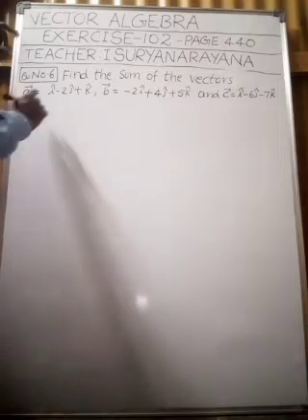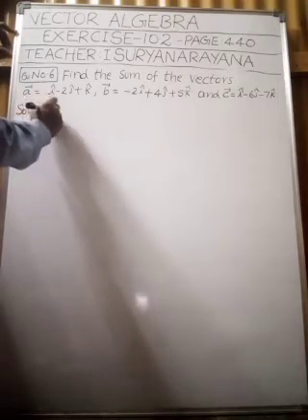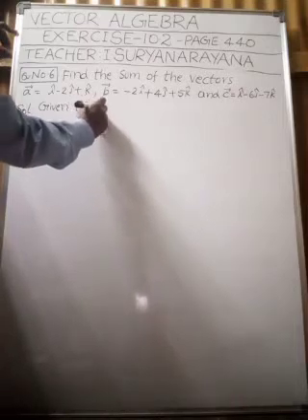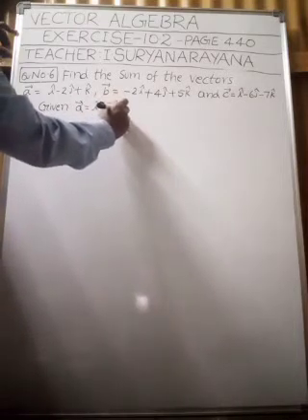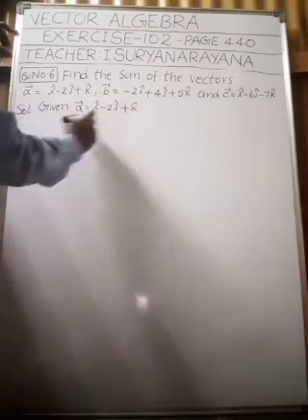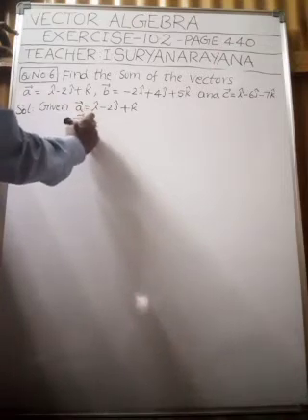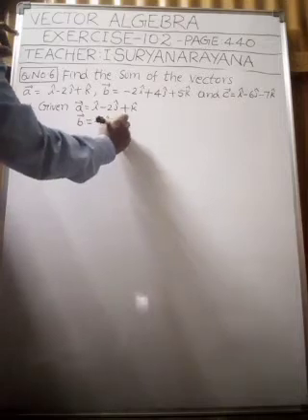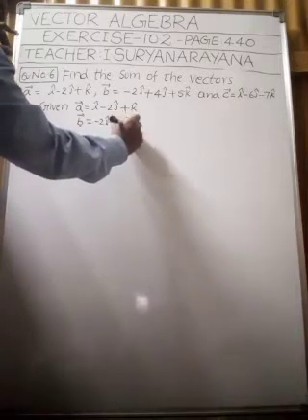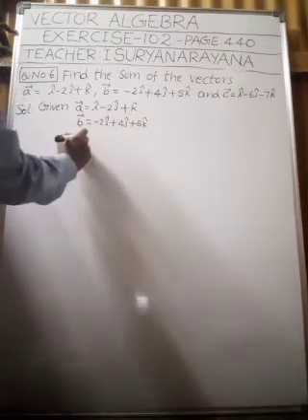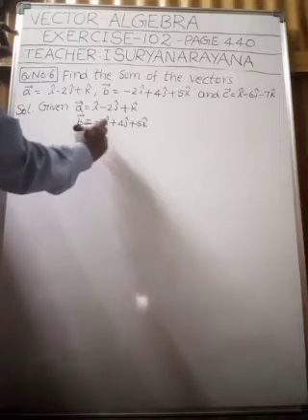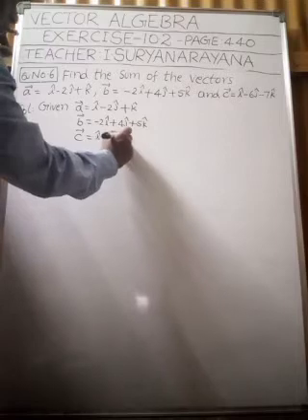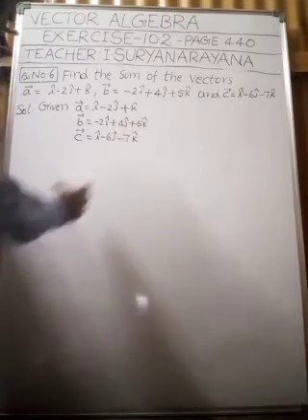Okay, my children. So let us write the given data first. Given a bar is equal to i cap minus 2j cap plus k cap. b bar is equal to minus 2i cap plus 4j cap plus 5k cap. c bar is equal to i cap minus 6j cap minus 7k cap.